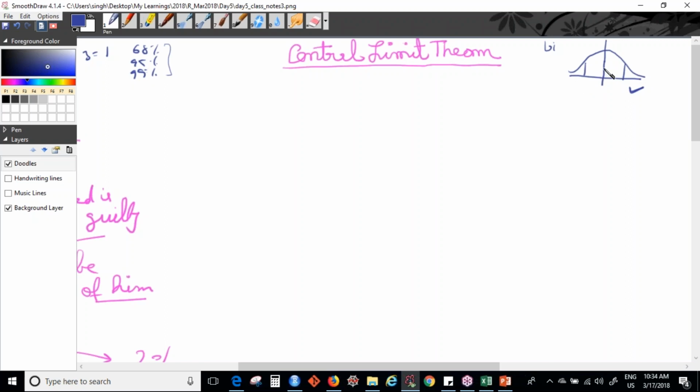Now you may wonder that may not be the case, right? Why do we assume that your data follows a normal distribution? It might not follow the normal distribution. So now we will see why that assumption is not wrong.